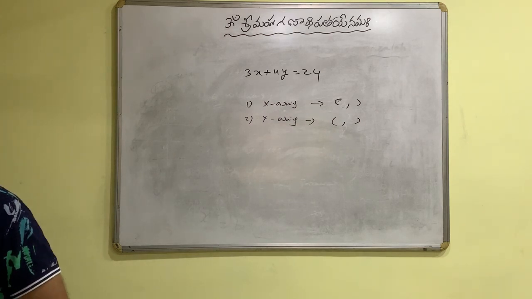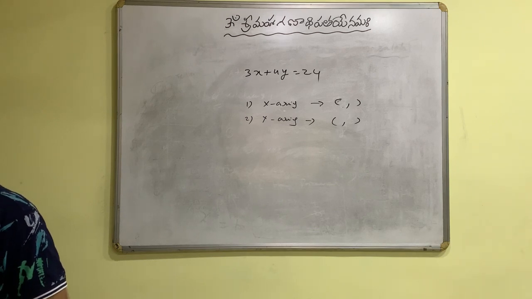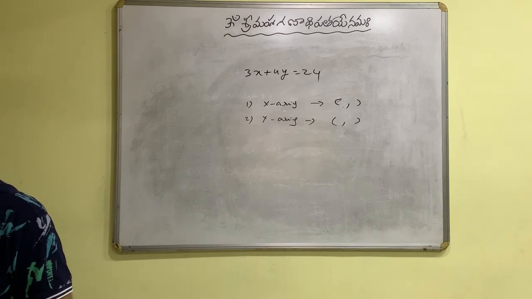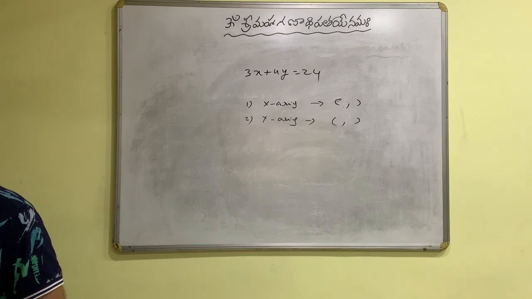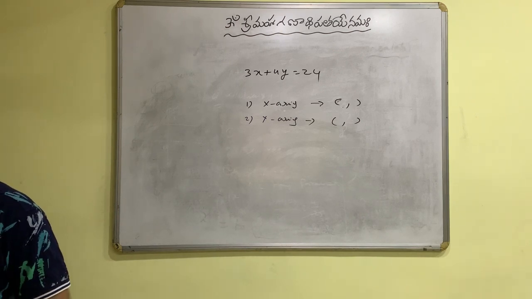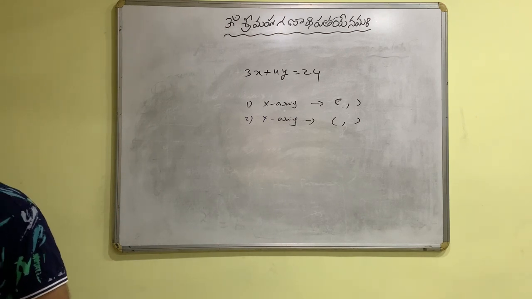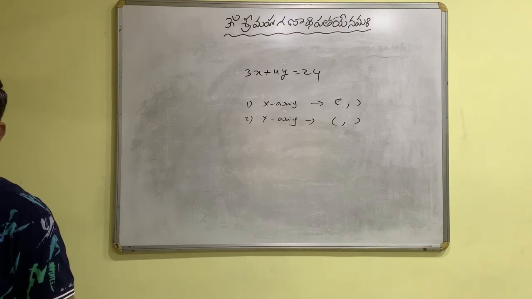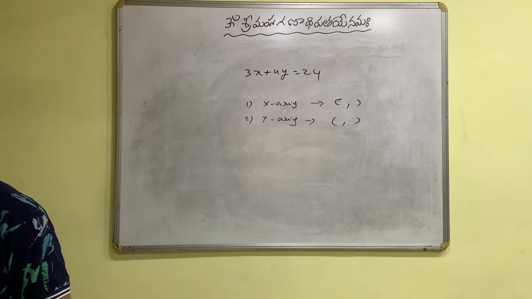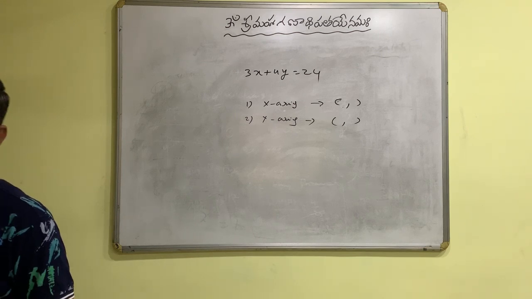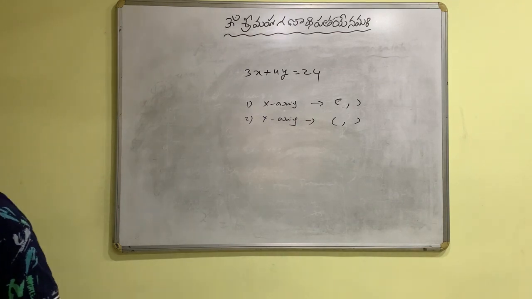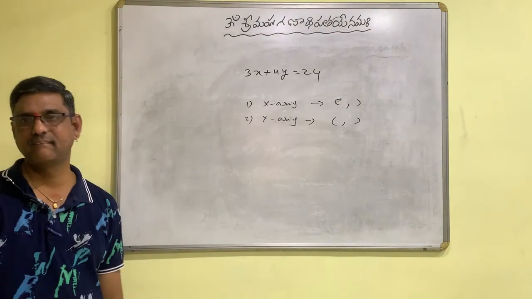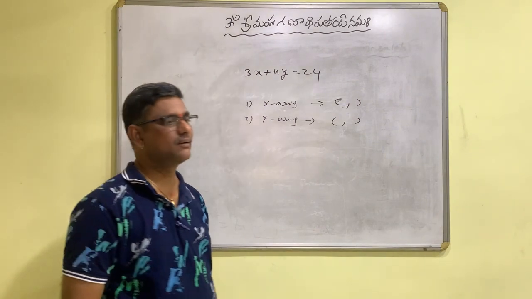Tell me the solutions for this. 0 comma 6 correct. 4 comma 3 correct. 8 comma 0 correct.